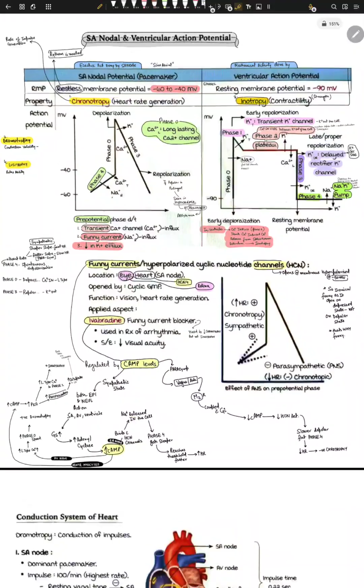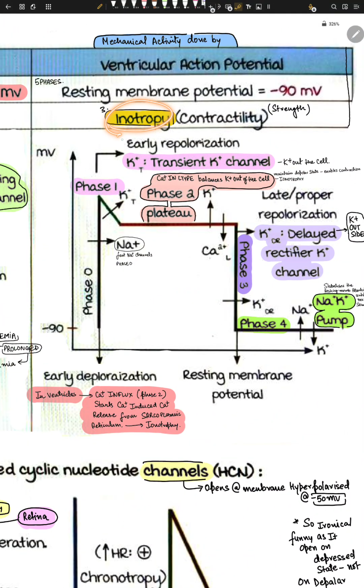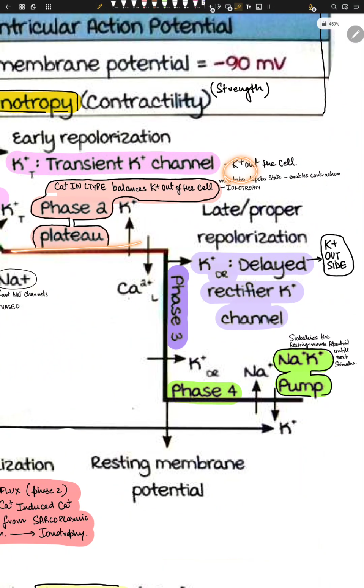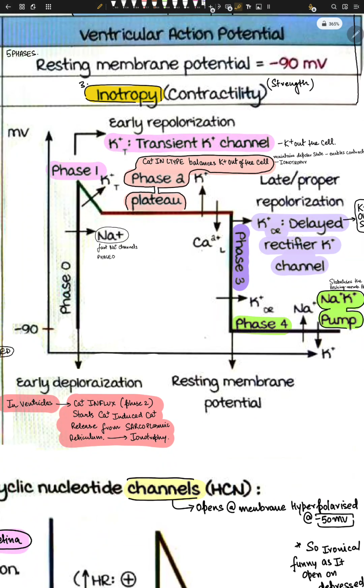Once we open that, we have positive inotropy. Inotropy means the contractility, the strength of contraction, right? How strong is the contraction? Because this is the time when the contraction is really taking place. This plateau maintains a depolarized state, enables contraction, positive inotropy, right?